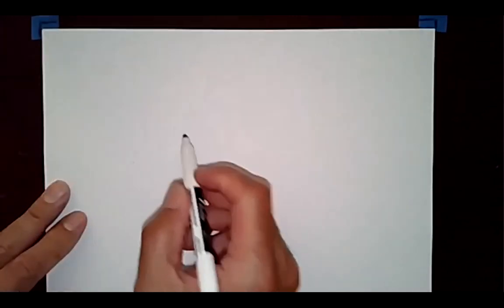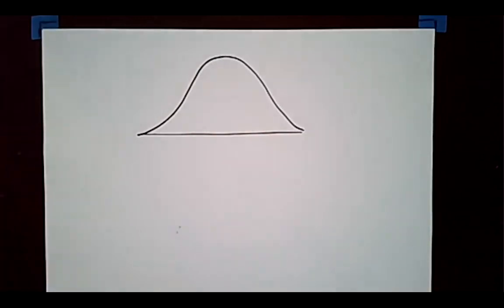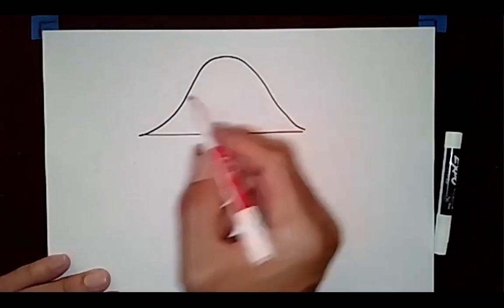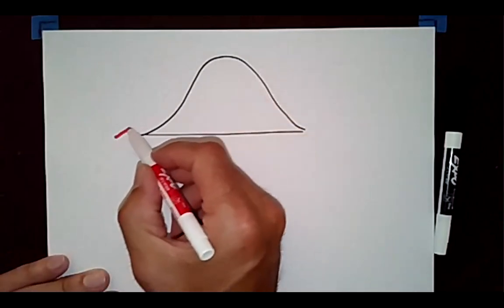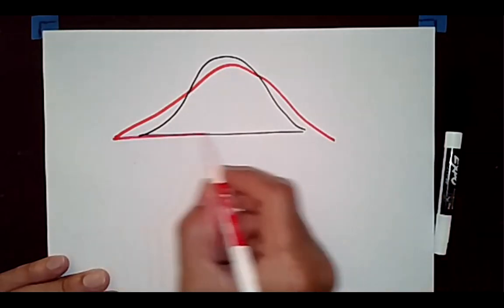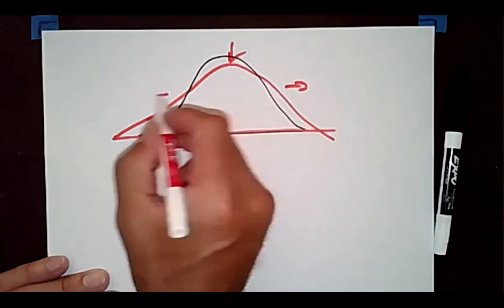This is your Z curve. That's your Z curve. The T curve is just like it, only it is a little bit squatter and a little bit wider, right?